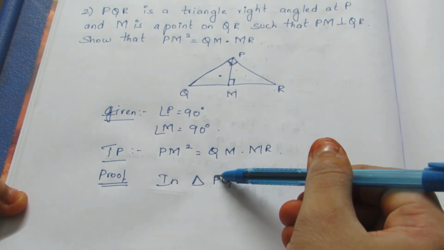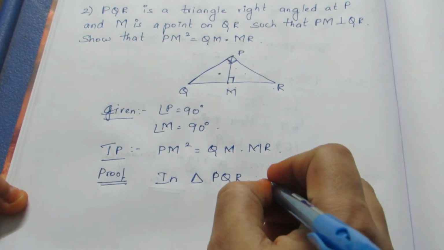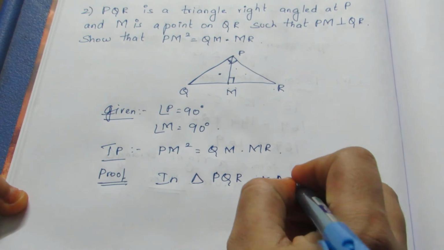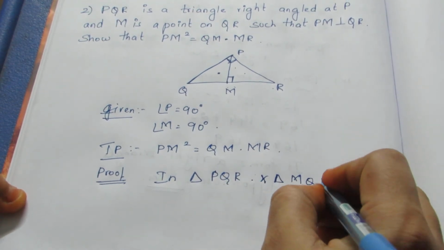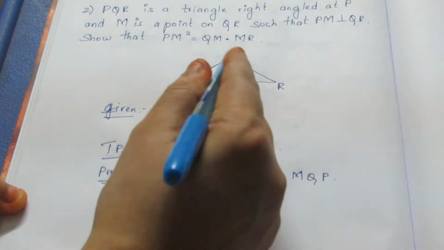So as P is equal to M, start the triangle with M. MQP is my smaller triangle.